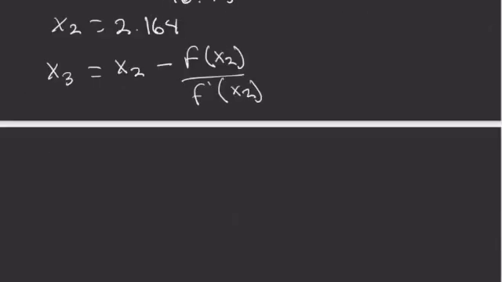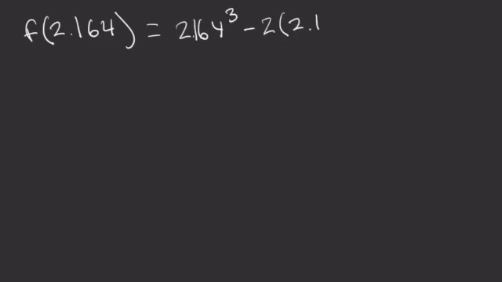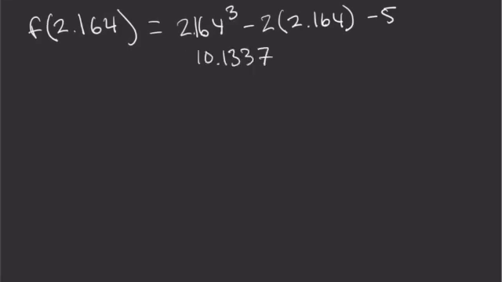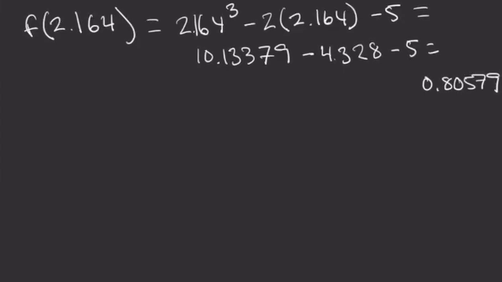So now we will plug 2.164 into our original function, which gives us 0.80579. It's important to note that the more decimal places you use, the more accurate this formula will be.